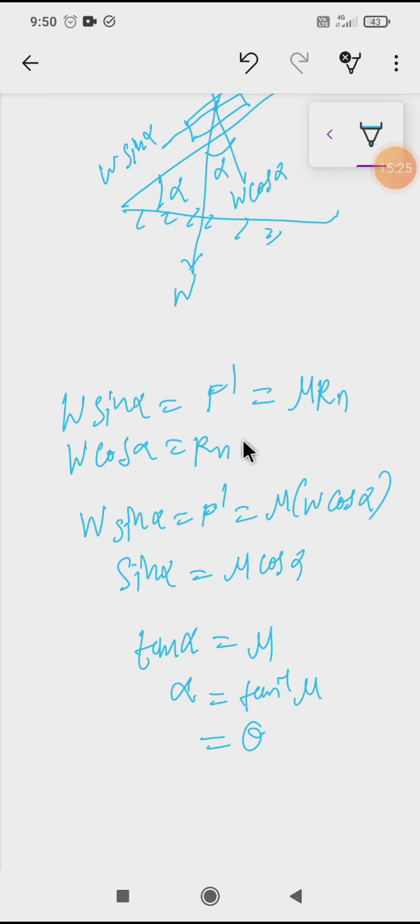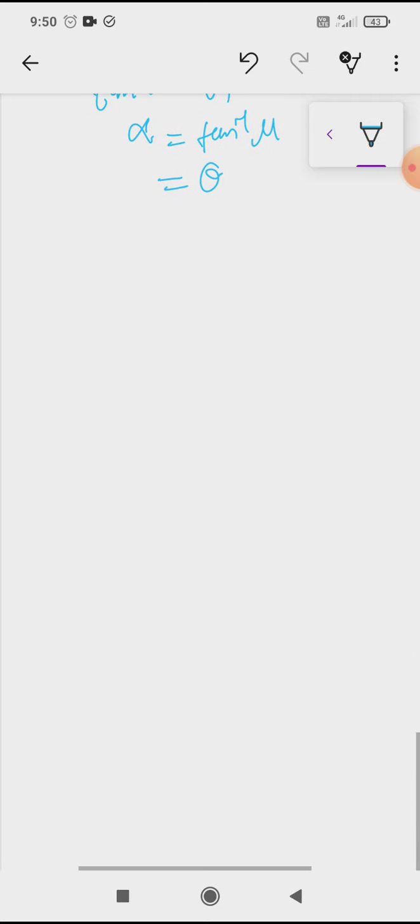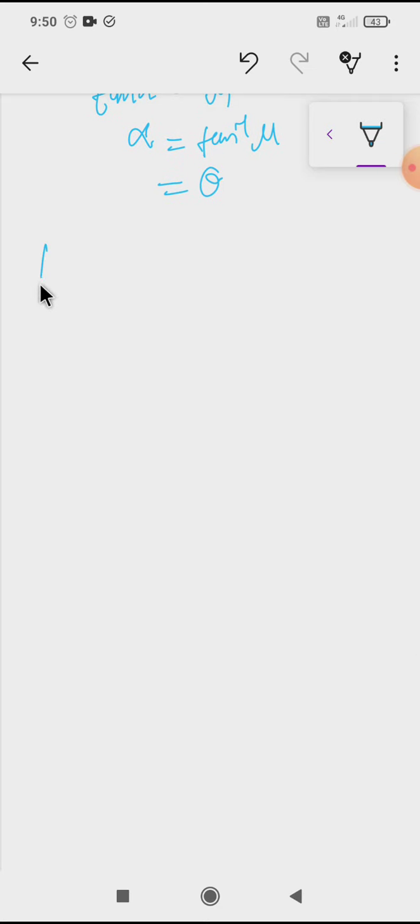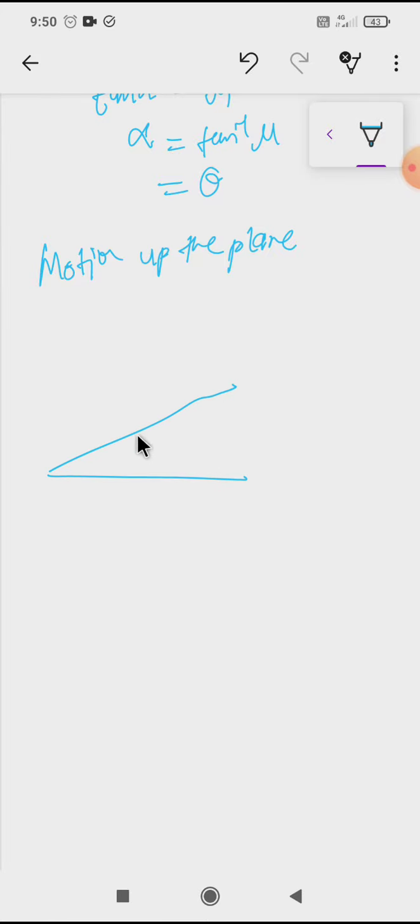Now let's consider a body moving up the plane. Suppose a body is moving up the plane, motion up the plane on this inclined plane only. Let me draw the diagram. This is an angle alpha.